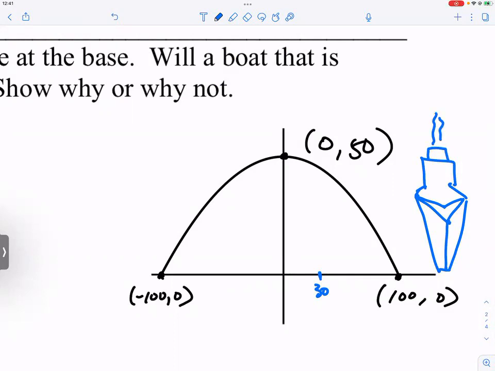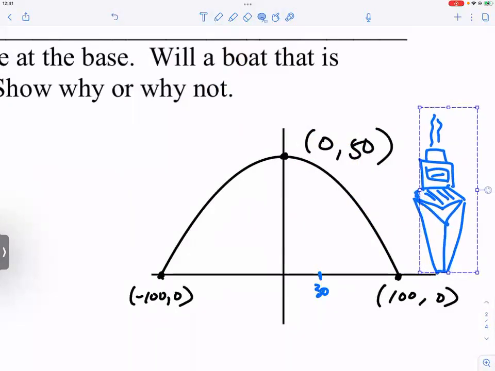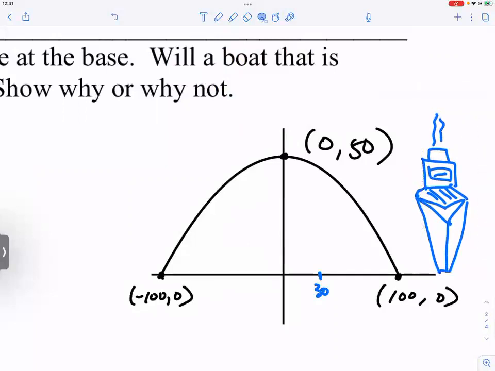Okay, so this is looking at it from the front. So will the boat clear this arch, or would it hit the arch? Okay, drawing not to scale.